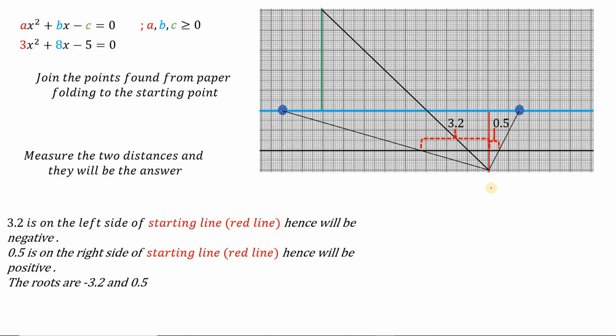One thing to remember is that this length 3.2 is on the left side of this starting line, so 3.2 will be in negative, whereas this 0.5 length is in the right direction of this starting line, so this will be in positive. So the roots are minus 3.2 and 0.5 respectively.